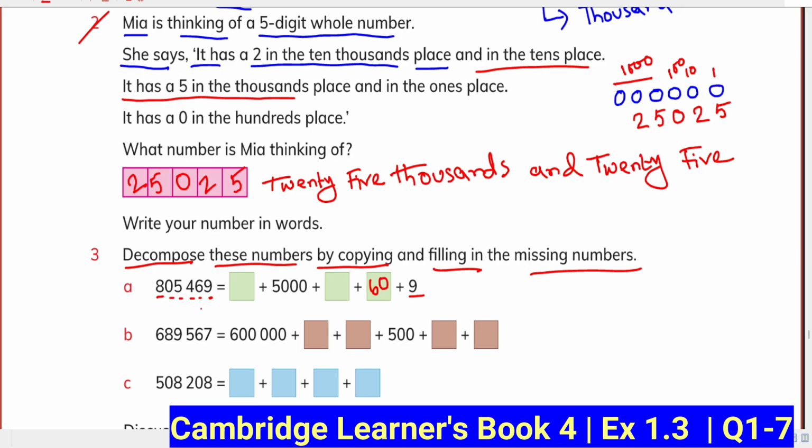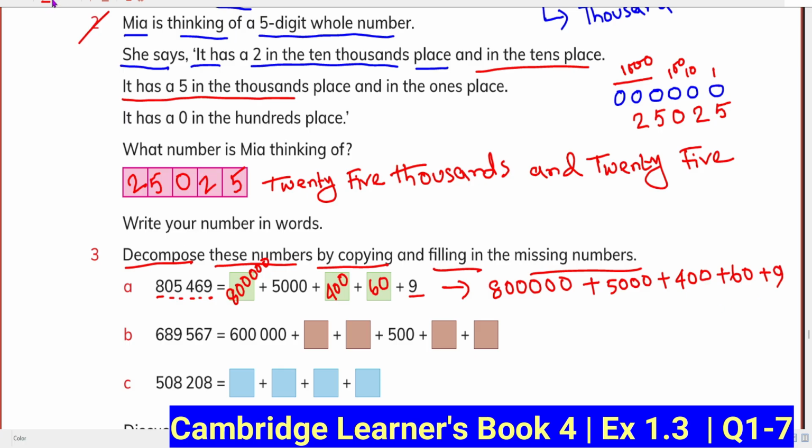And then 4 is in the hundreds place, so we can write 400. 5 is in the thousands place, and 8 is in the hundred-thousands place. So we can write 8 followed by zeros, or in a clearer format: 800,000, then 5,000, and then 400, and then 60, and finally plus 9.